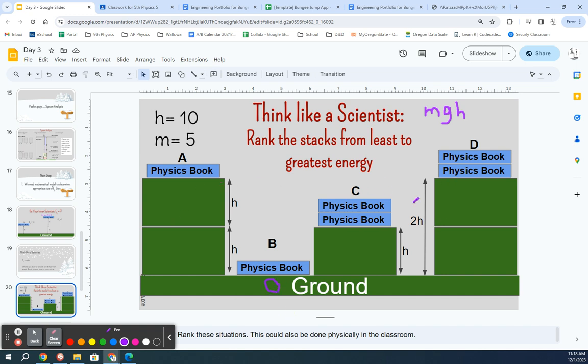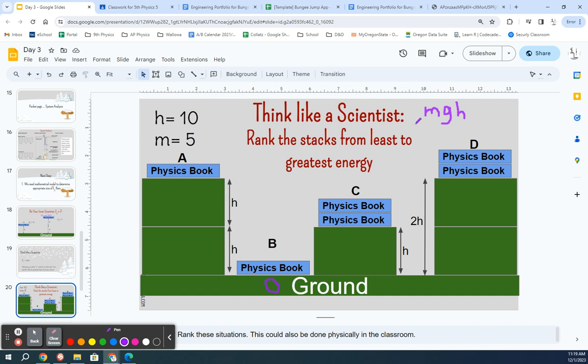Then the next least, well, we're thinking about A and C. A is only one book, whereas C and D are both 2 books. But C is closer to the ground, right? So we can think about which of these things has more of an impact. Let's take a look at our equations and plug in some actual numbers here.